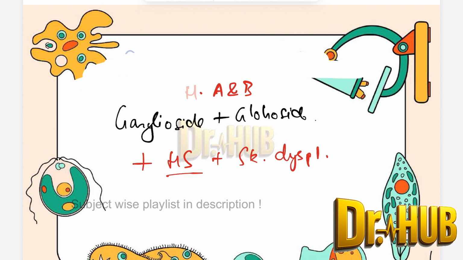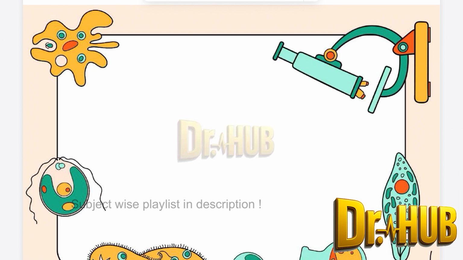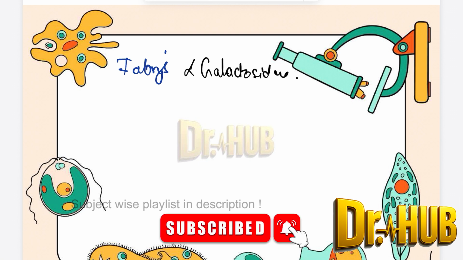We saw Tay-Sachs disease and Sandhoff's disease, and the next disease is Fabry's disease. Fabry's disease is the enzyme deficiency of alpha galactosidase, and the lipid accumulating is globotriaosylceramide.